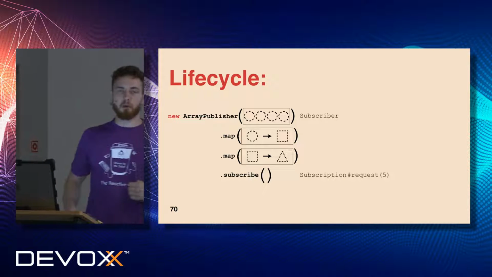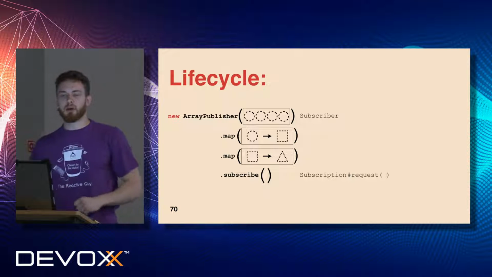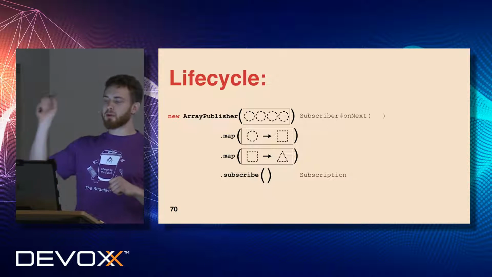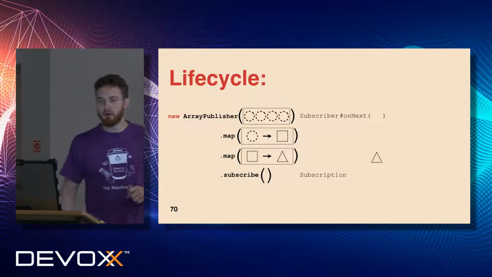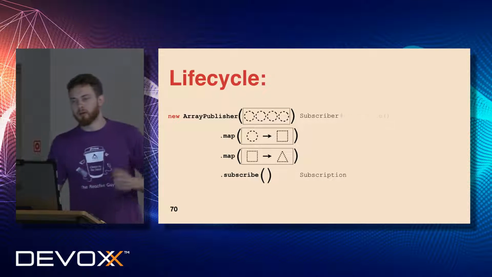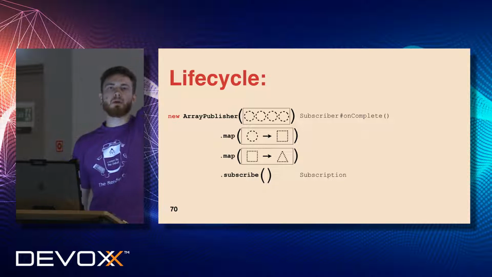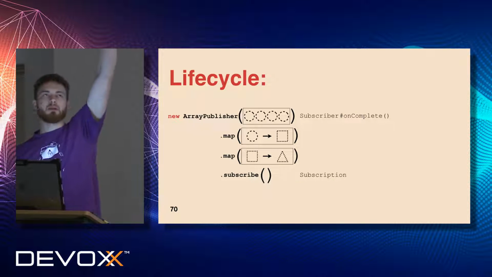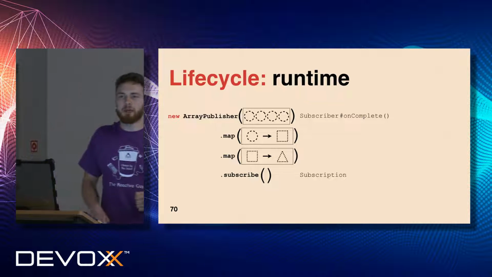And finally, once we do all this dancing with subscriber, subscription, and our pipes, we can request for some data, for example, 5 elements. This request will go to our publisher, to our subscription, and then subscription will be able to start sending elements through the whole pipeline, or call onComplete method. And this time, when all these elements will be going through the whole pipe that we assembled at the very beginning, we call it runtime. Yeah? Does it make sense?